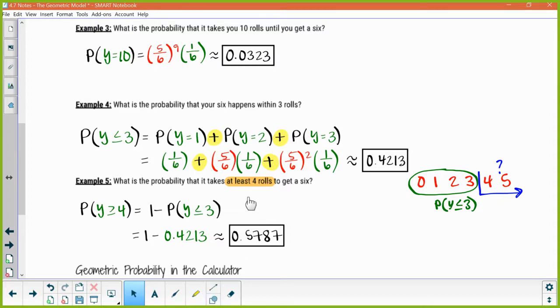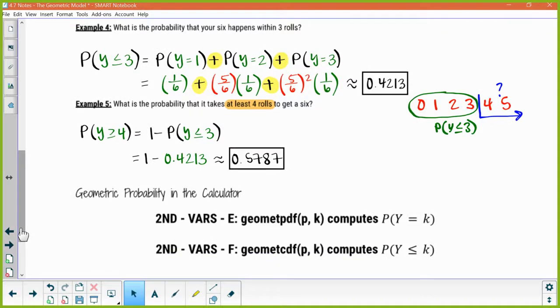So anytime you have an at least question, always think of it as 1 minus the opposite probability. If it's just in terms of success, in a fixed number of trials, we usually think of it as 1 minus the probability of none. But here, because we're dealing with cumulative stuff, I always suggest a number line helps. You don't have to do it, but it helps you visualize, well, what numbers can I find the probability of, and what am I looking for?